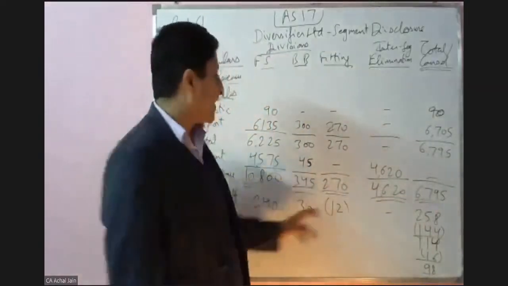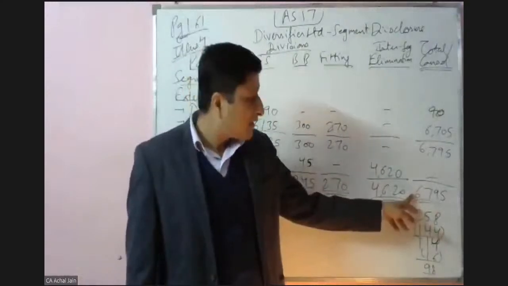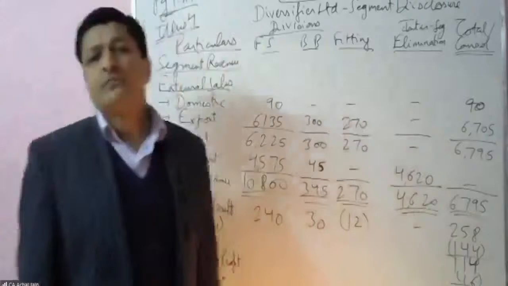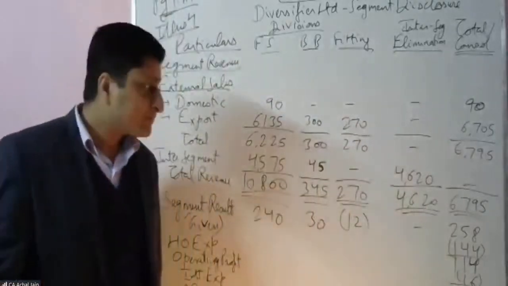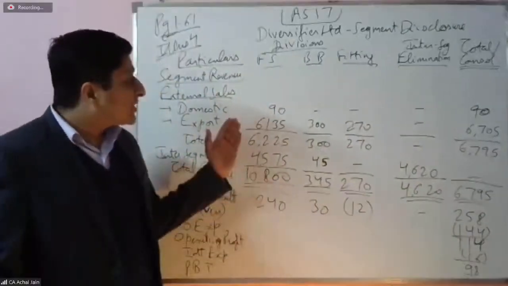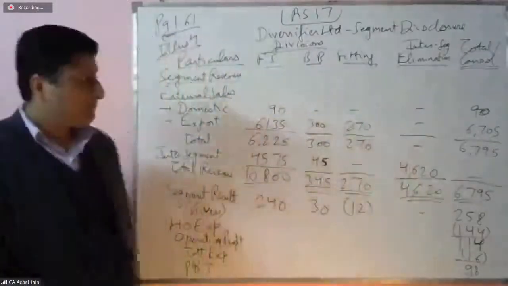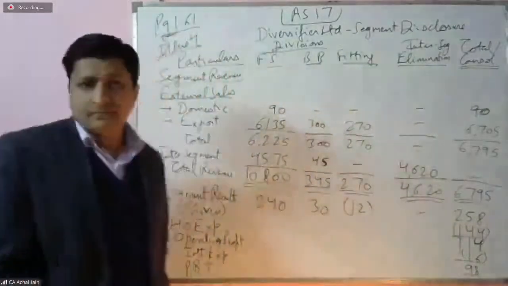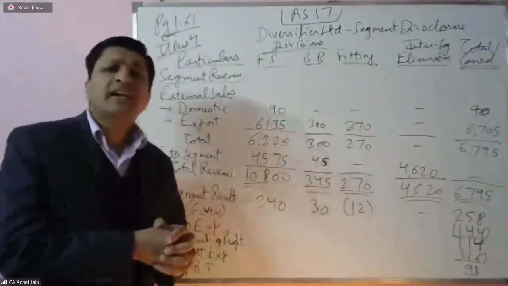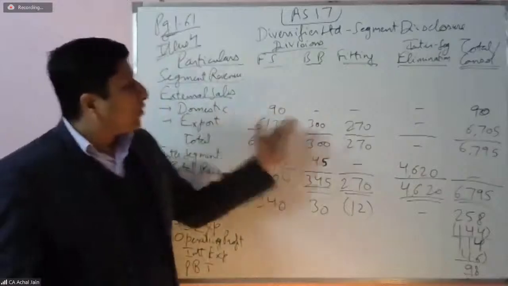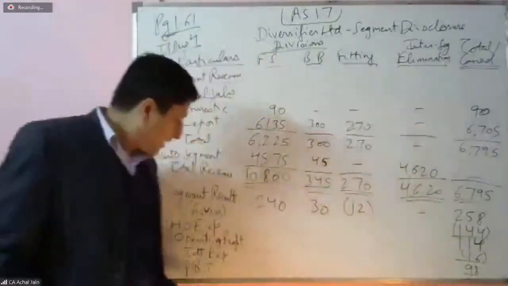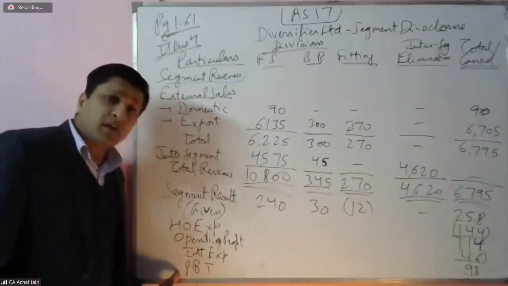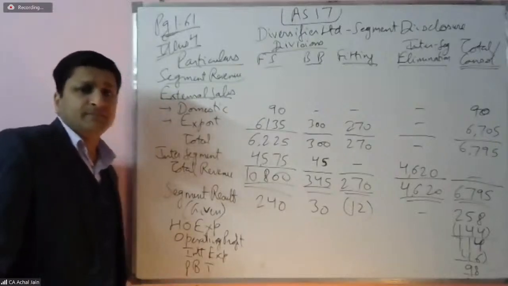That the company has generated sales of 6,795 and company has earned a profit of 98 out of this. Yes or no? But if we give this additional disclosure over and above this information which is available in the P&L, and in a way this is reconciled to the P&L, can you see this? All these numbers are in a way reconciled to the P&L. So eventually we are also giving the profit which has been reported in the P&L in the form of PBT.